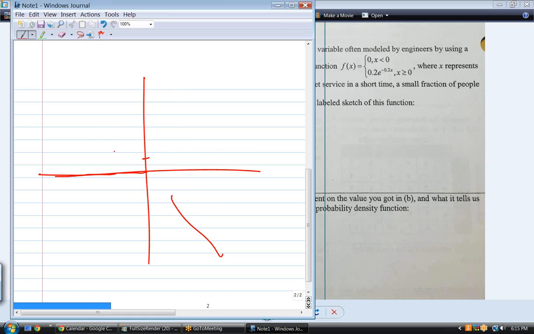The only thing we know for sure is it goes through that point right there. In other words, when x is 0, f of x is 0.2. Correct? Yeah, e to the 0 is 1. So the first point on our graph is right there at 0, 0.2.